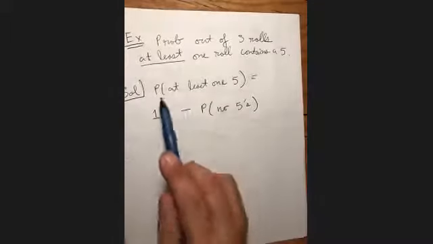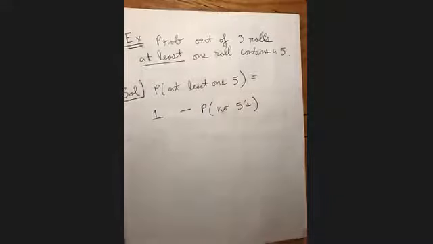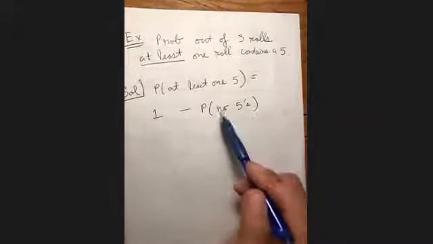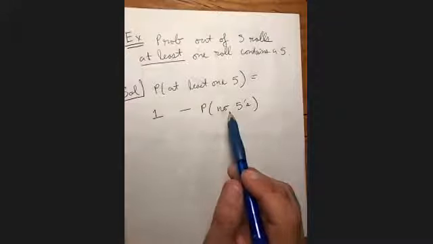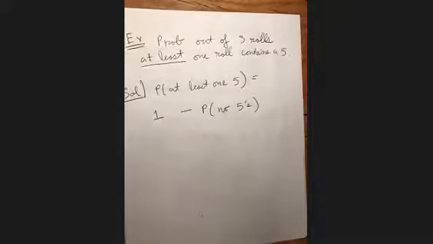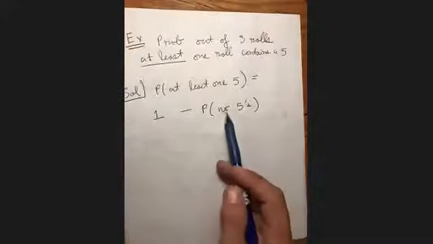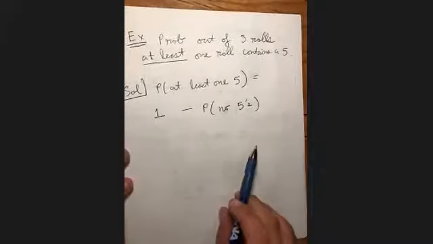So the complement rule says that this probability should be equivalent to 1 minus this probability. And what's good here is that there's only one way to roll 3 times and not get a 5. Or no, I should correct myself. There's not just one way, but it's easier to figure out the number of combinations that do not include a 5. So let's think about this for a second.